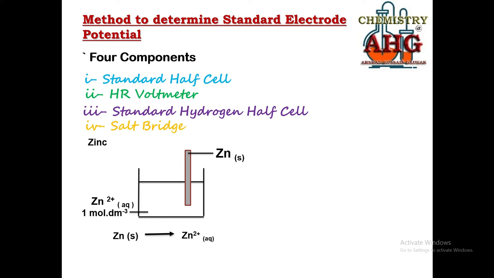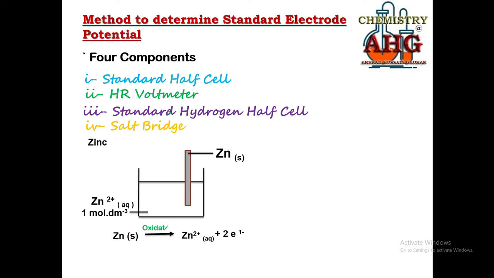Now zinc ions which are produced during the process of oxidation come into the solution, while the electrons remain on the zinc plate. So what charge starts developing on the zinc plate? The zinc plate starts getting negative charge, because electrons stay on the plate and the ions move into the solution. This process is oxidation. Now what happens?